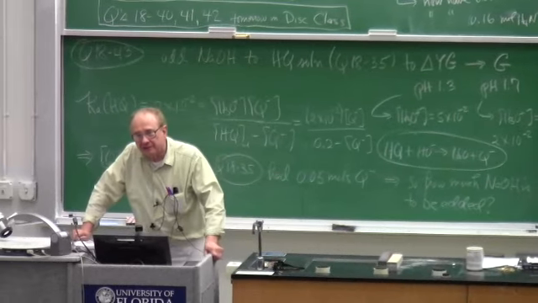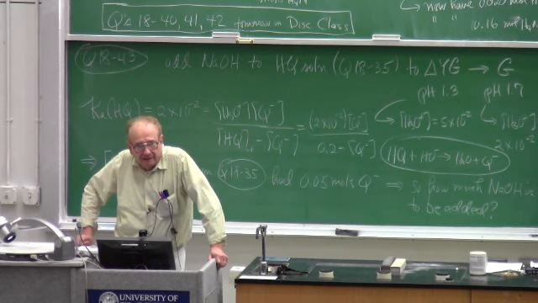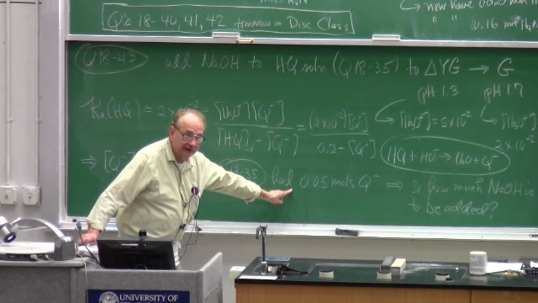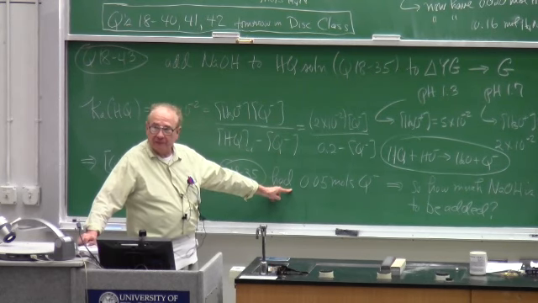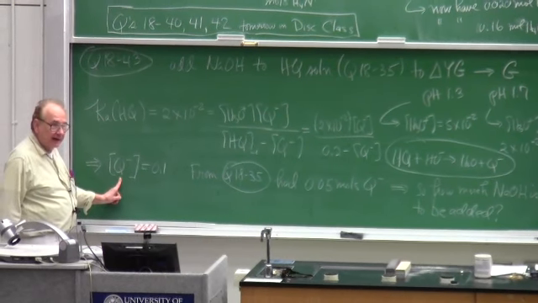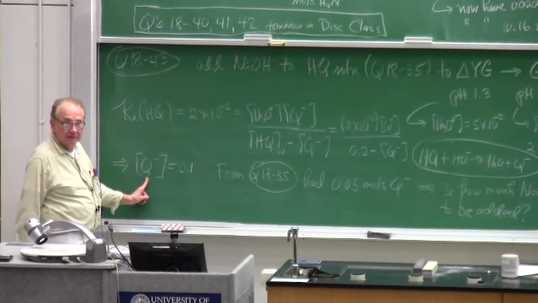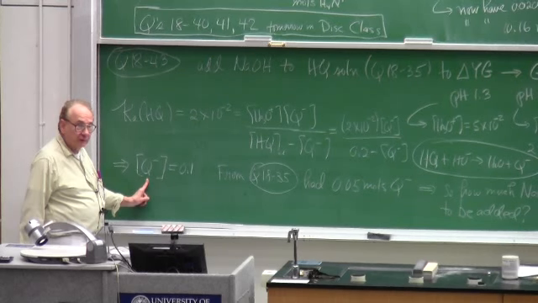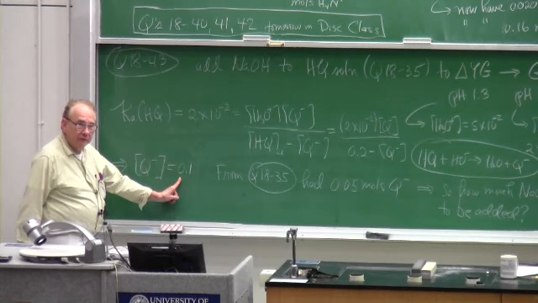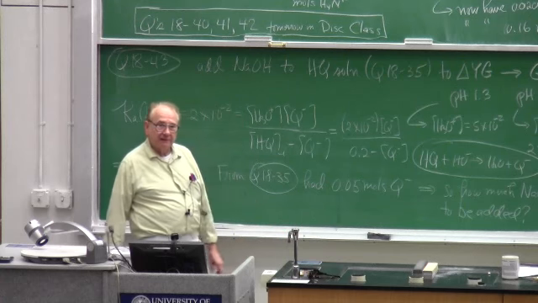What's the extent of that reaction? 100%, practically speaking. Here's how much Q minus I had in the pot before I put in the hydroxide ion. Here's how much I want to have, because we made the arithmetic simple by focusing on a 1 liter solution, so moles and molar concentrations were the same. I want 0.1 moles of Q minus. I had 0.05 moles.